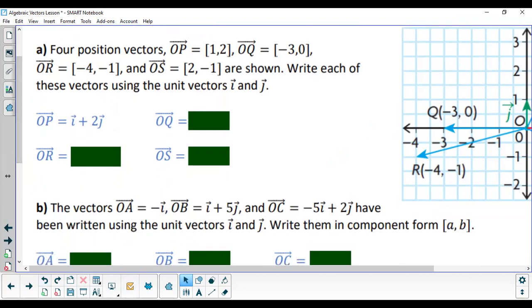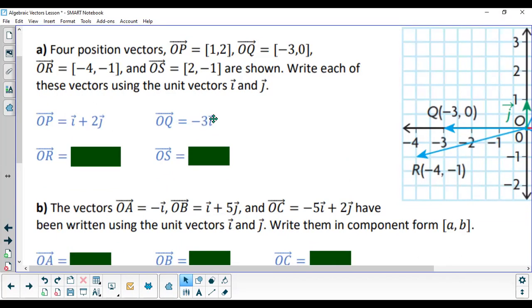Okay, so for the first part, -3 is our horizontal component. We should have -3i. And what are we going to write for our vertical component? Are we going to write anything there? No, we're not going to write anything. So you should have just -3i.